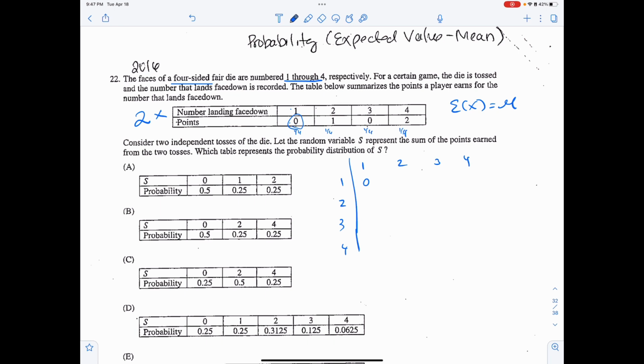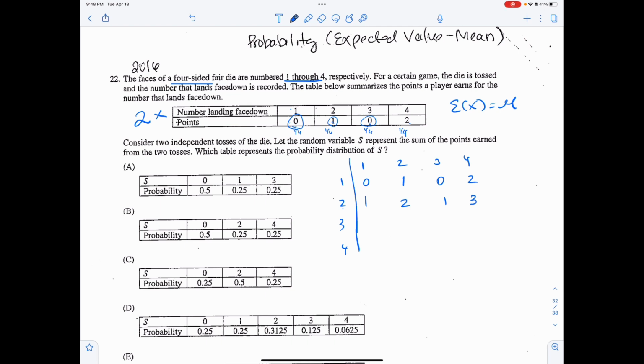If I roll a 2, I get 1 point. A 1 and a 3 is 0, a 1 and a 4 is 2. A 1 and a 2 is 1. A 2 and a 2 is 1 plus 1, which is 2. A 2 and a 3 is 1 and 0. A 2 and a 4 is 1 and 2, which is 3.